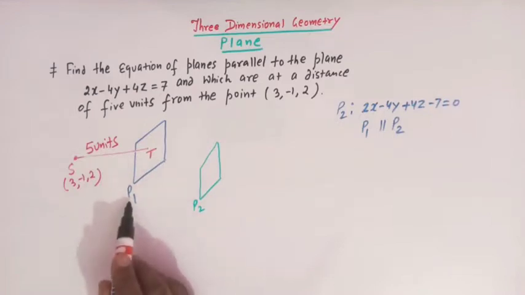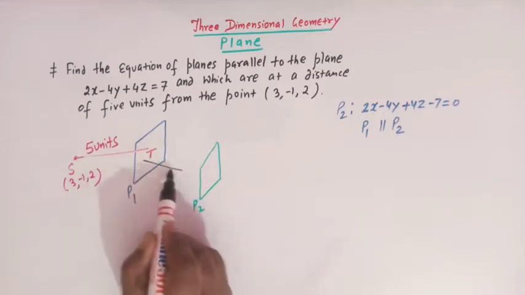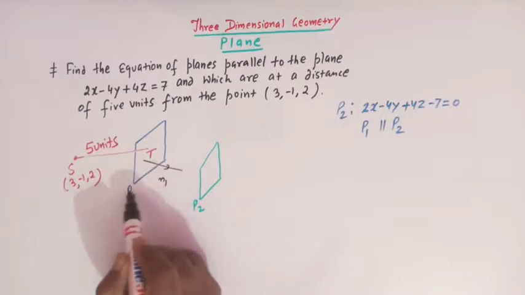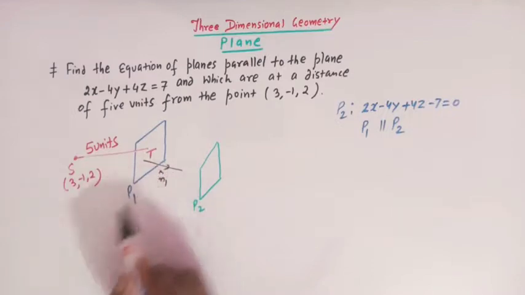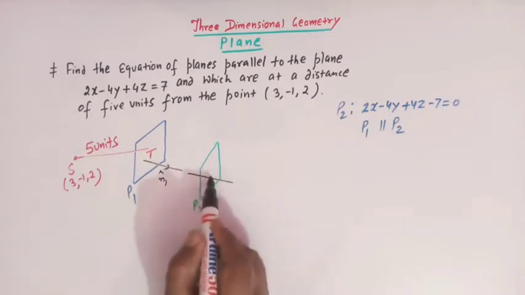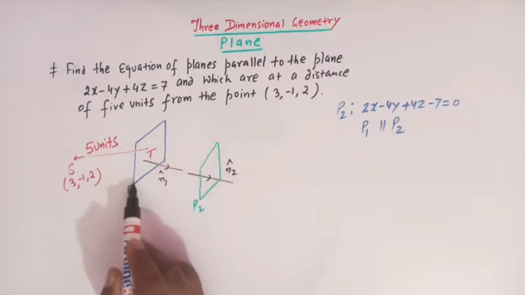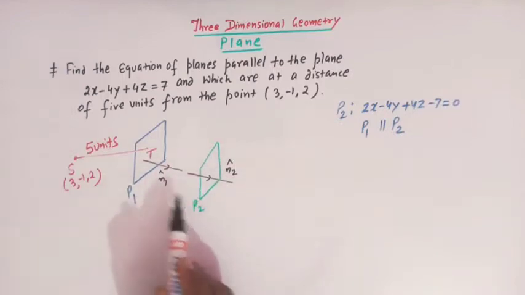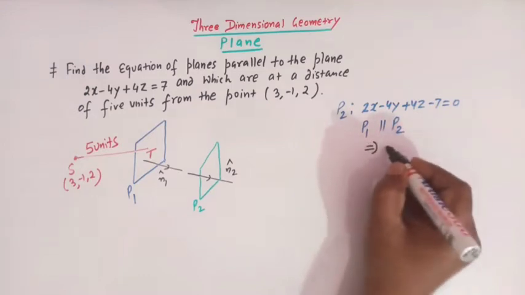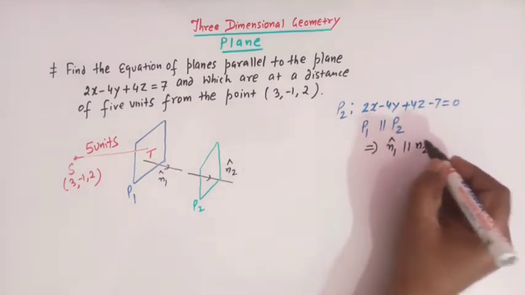Since P1 is parallel to P2, the normal vector to the plane P1 is, say, n1 cap, and the normal vector to the plane P2 is, say, n2 cap. When P1 is parallel to P2, the normal vectors are also parallel to each other.